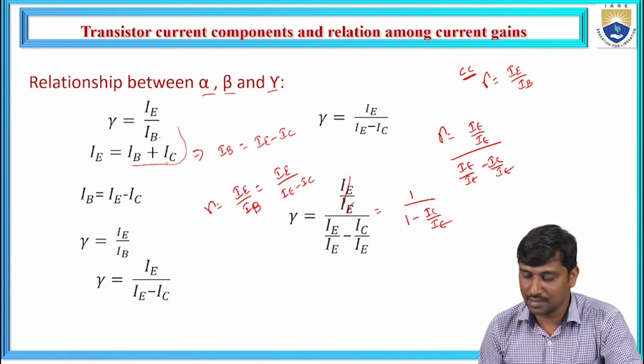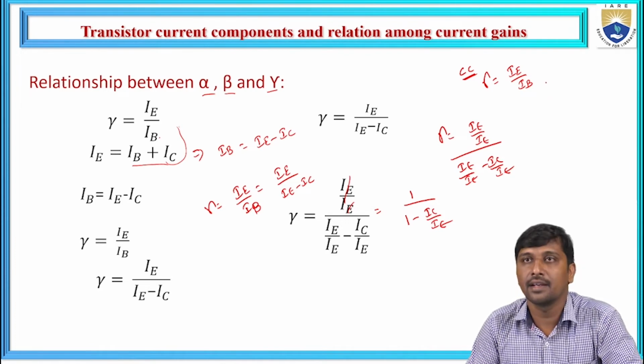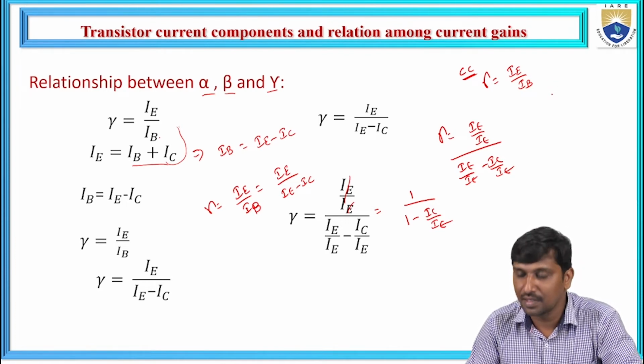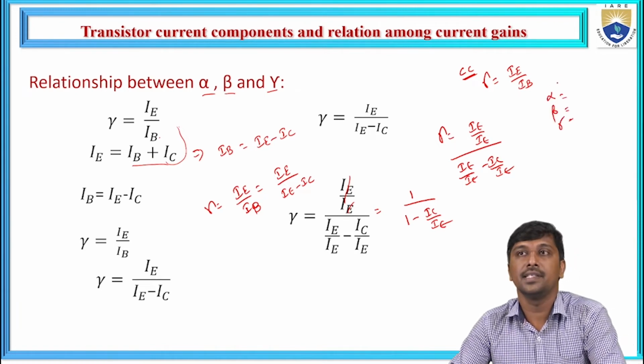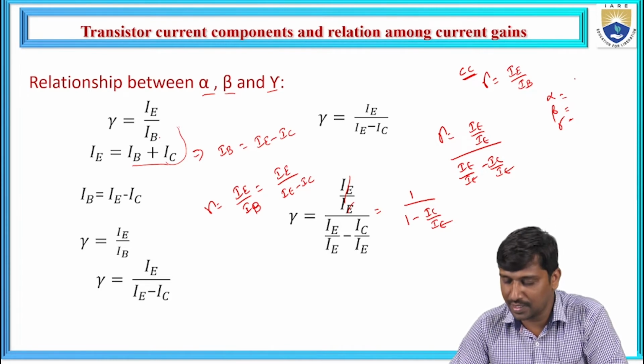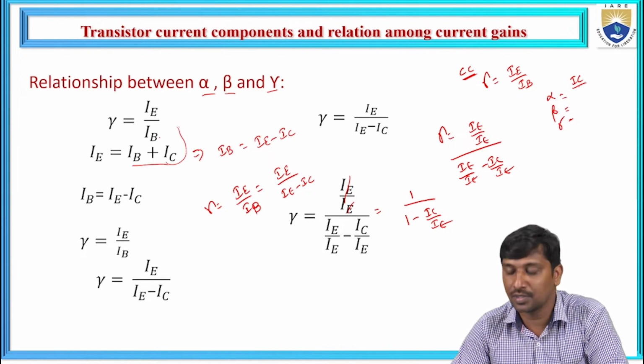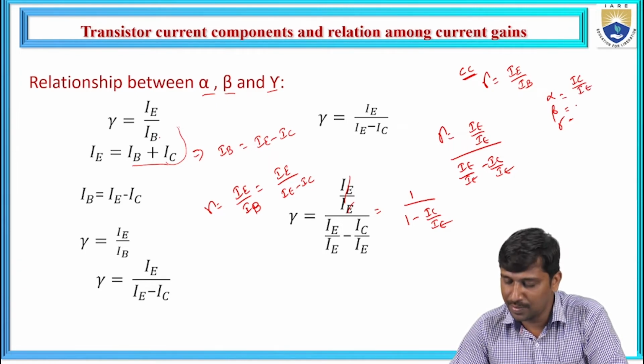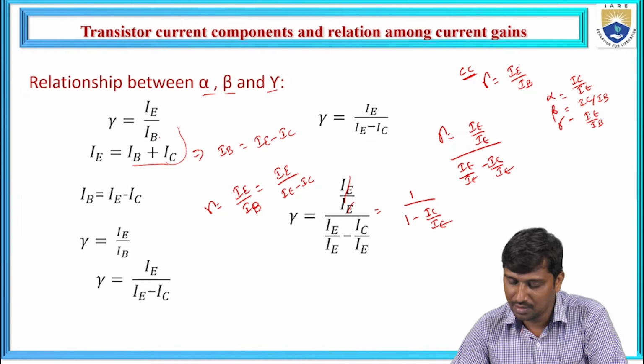Again, if you recall the current gains of the transistors, we have alpha, beta and gamma. Alpha is derived from the common base configuration, defined as the ratio of output current to the input current, that is IC by IE. Beta is IC by IB. Gamma is IE by IB.